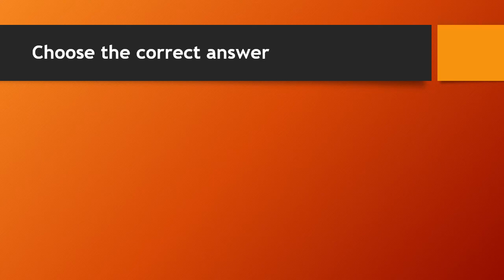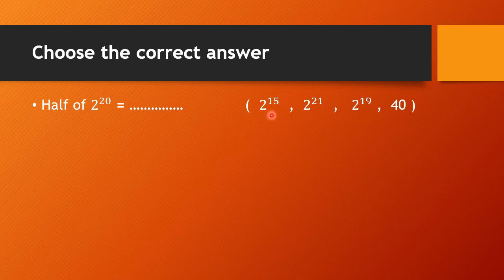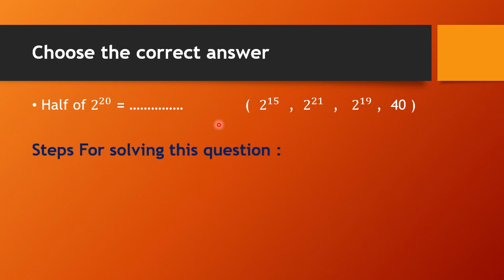Choose the correct answer. Half of 2 power 20 equals: 2 power 15, 2 power 21, 2 power 19, or 40. Steps for solving this question.